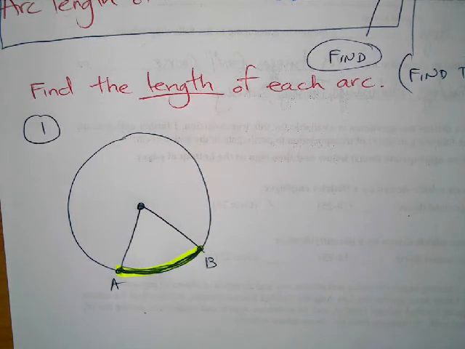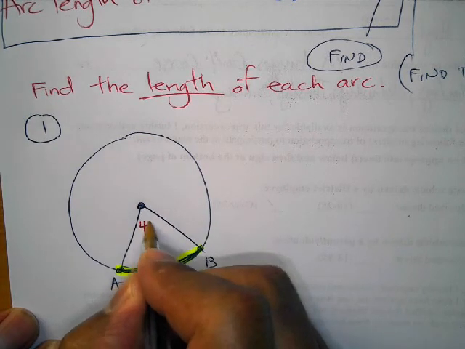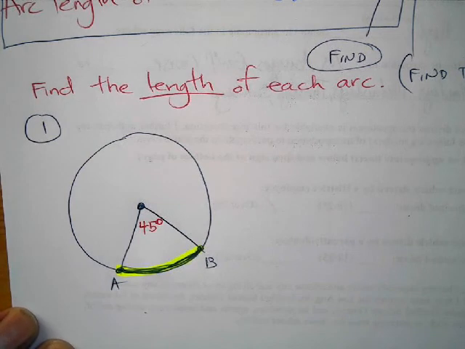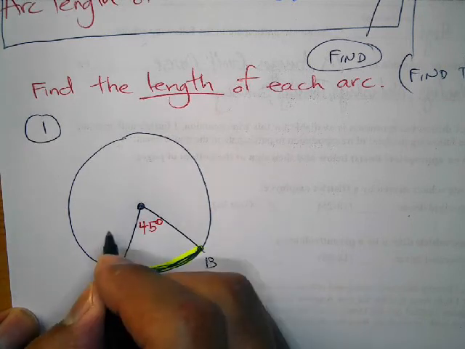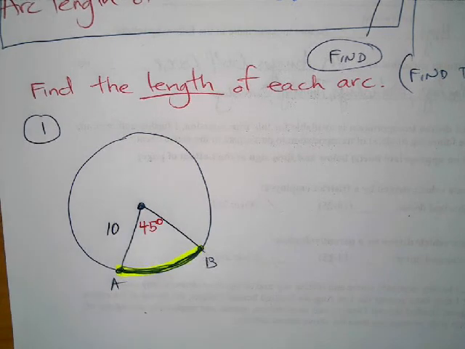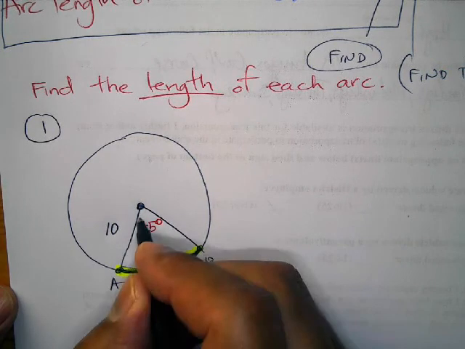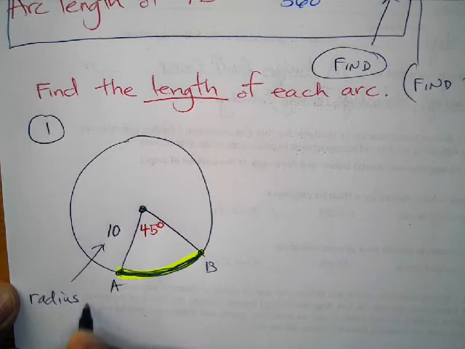Well, we need to know 2 pieces of information. The angle here, the central angle. That central angle for this problem is 45 degrees. And the radius, both of those are going to be given to you. The radius is, let's go with 10. That's the radius. Okay, so I know my radius is 10.